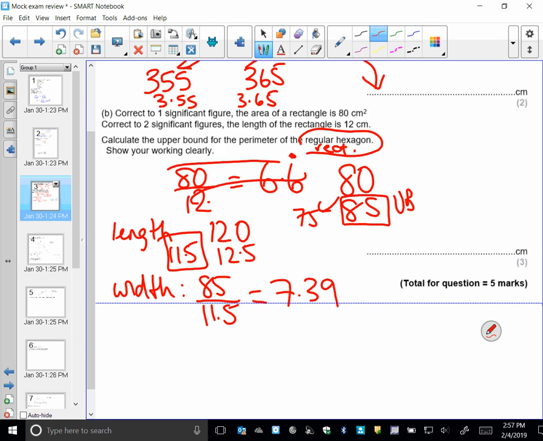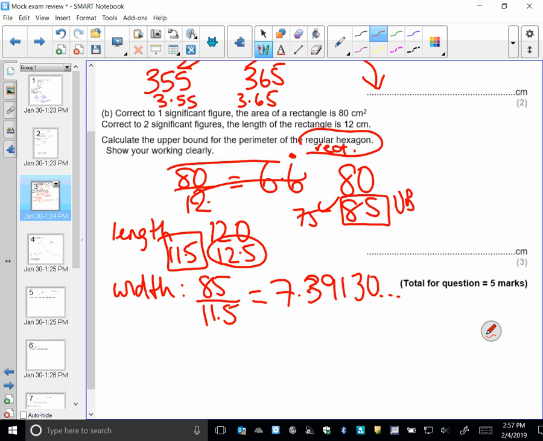What if it's multiplied? No, you multiply it by 2. Can we have a few more digits? It's 7.39130434. Okay, that'll do. So if that's our width, then we're going to have 2 of these, and they want the upper bound.